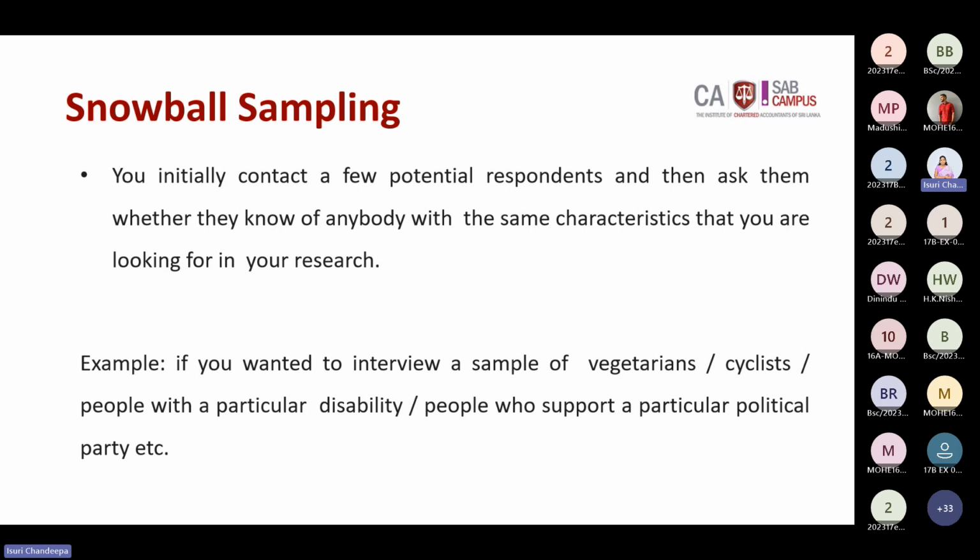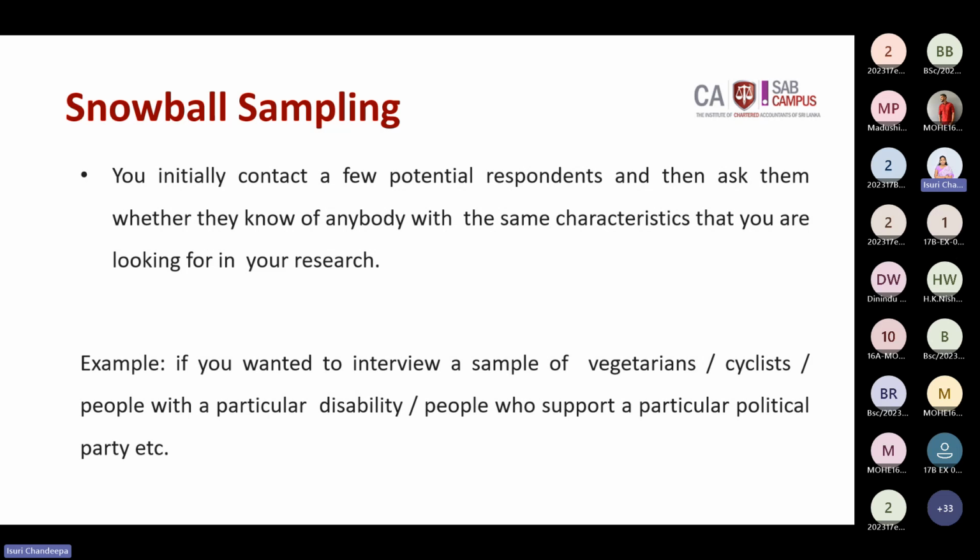Now you are going to expand your snowball or else your sample. In the first scenario, first one. In the second one, now you have the two individuals. Again, from the first one and from the second one, you ask questions and you are going to expand your sample into 3, 4. Again, from those 3, 4 you ask the question, you are going to expand your sample.